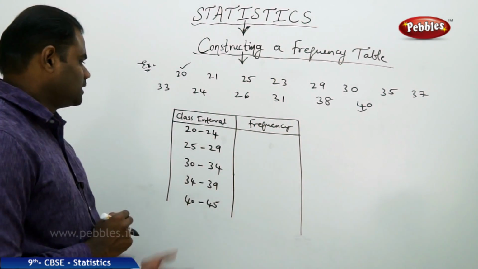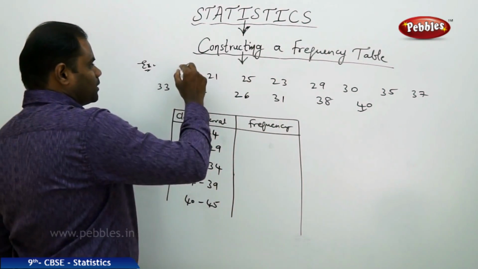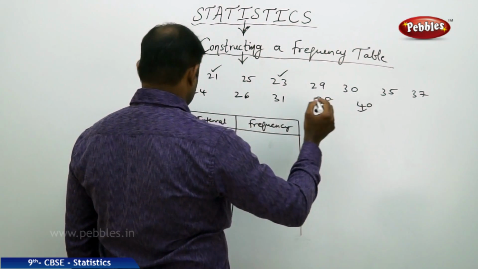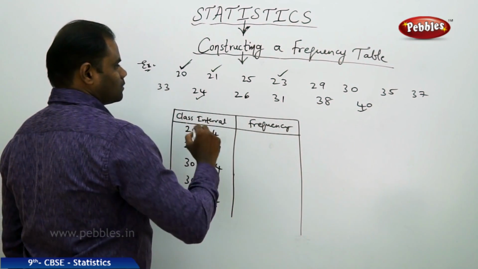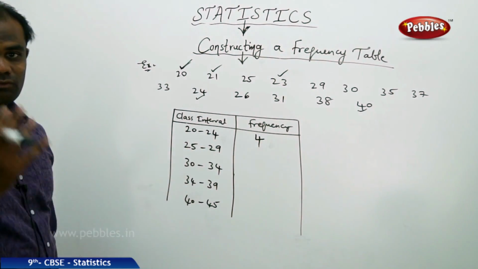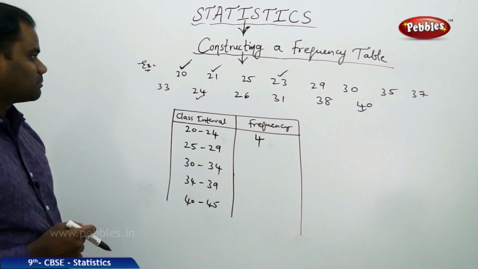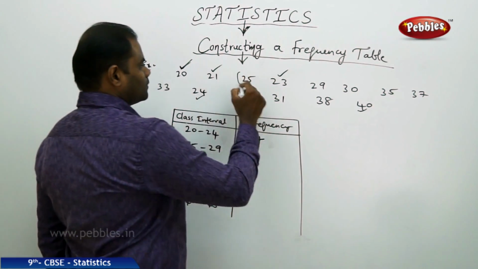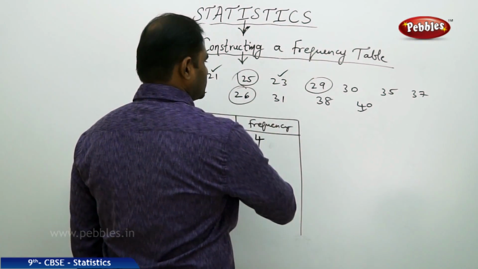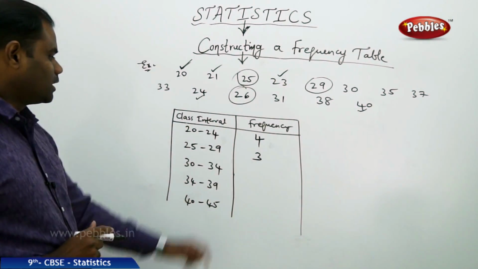So let's imagine the values which are between 20 and 24 are 20, 21, 1, 2, 3, 4. That's it. So my frequency is 4. That means there are 4 numbers which lie between 20 and 24. Next comes 25 to 29. 1, 2, 3. So my frequency is 3. That's how we get it.